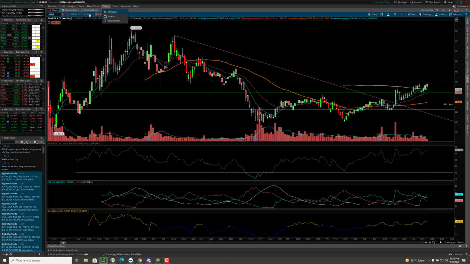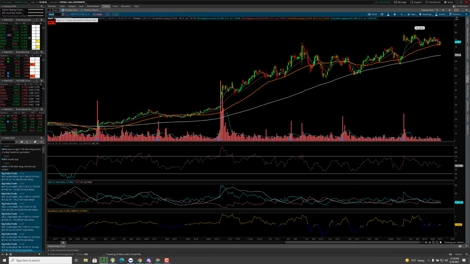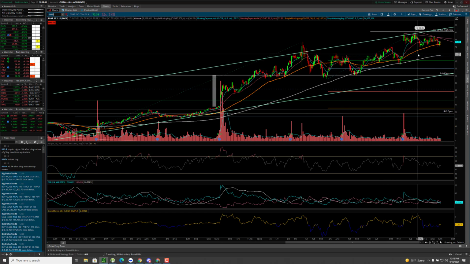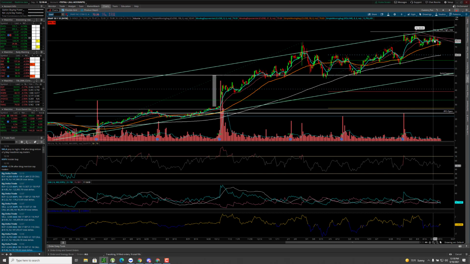I closed Airbnb. Then we took Snap yesterday. Now Snap has actually been pretty painful for me. Two or three times I've had a loss. Over here, when it tried to break out of this resistance, I had taken a long, but then it didn't break out. The next day it fell apart and I got stopped out, and it was a loss.